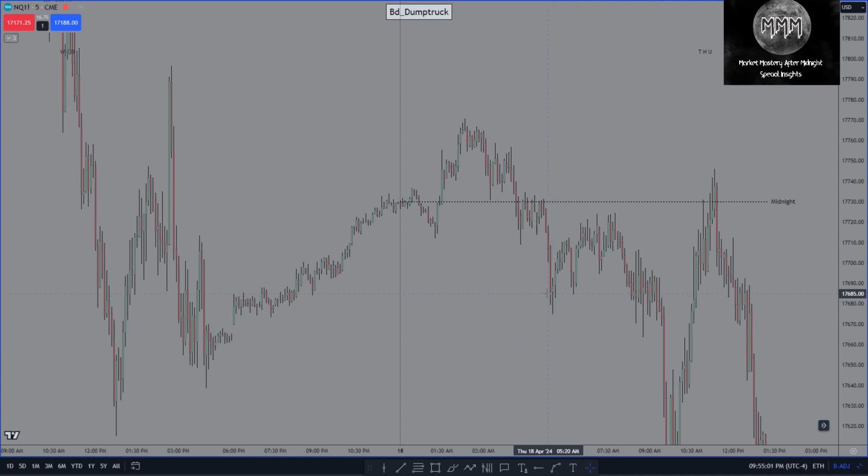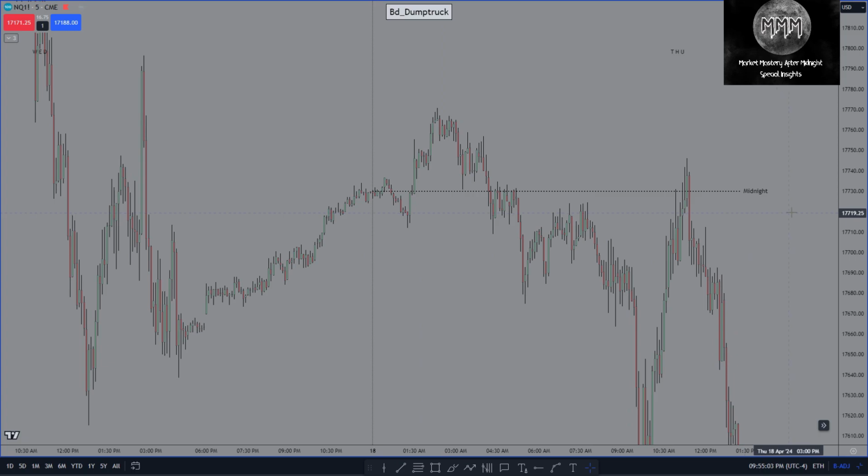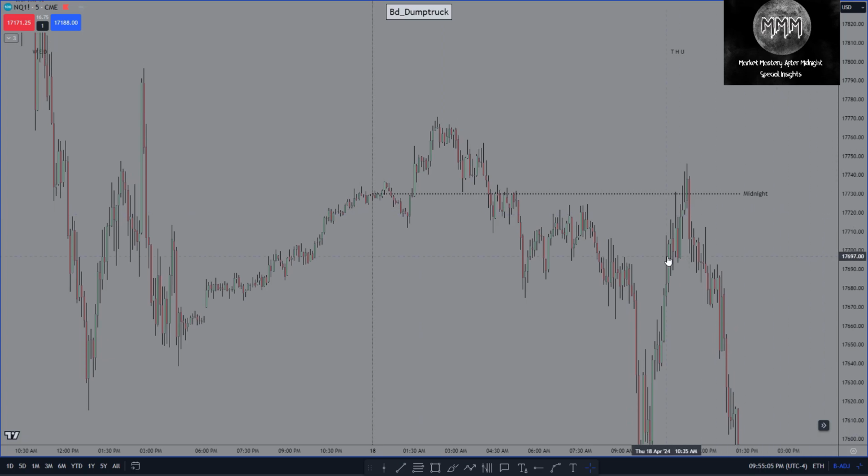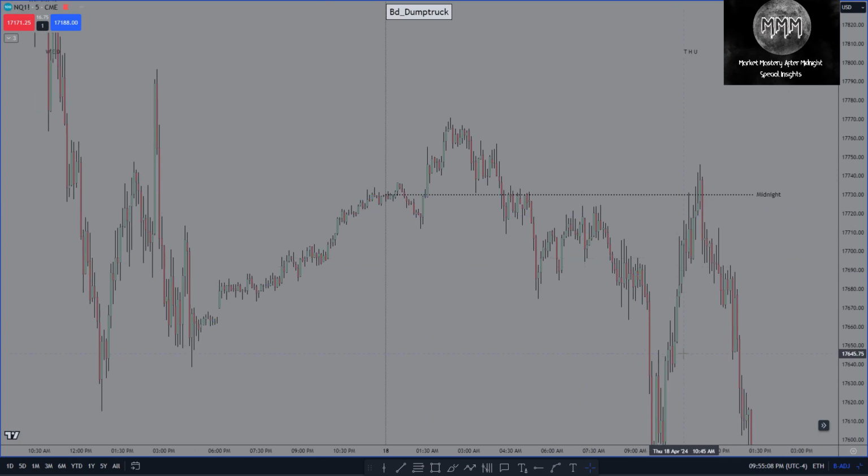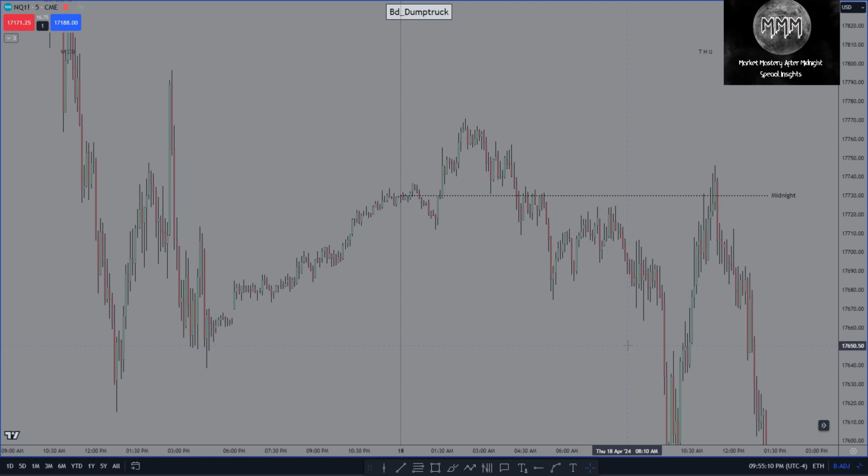So let's break down this price action here and why this was a really good setup and how you could have capitalized on it. So right here standing out, as we're going into midnight price into the new day, just looking here to the left, let's see what stands out to us, because there's one thing in specific that should stand out, and that is this gap right here.